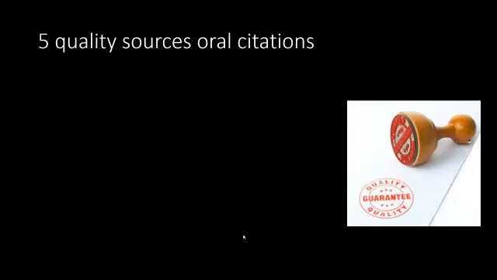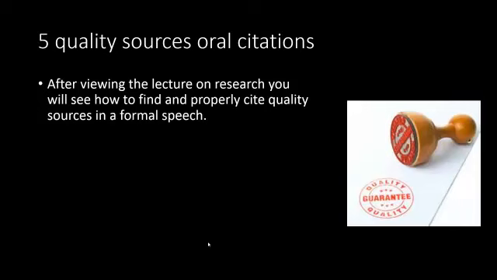The next requirement is that you have to have 5 quality sources orally cited. When I say quality sources, I mean a couple of things. When we talk about research, which is in a few weeks, when you look at the research lecture, you're going to see that there are some things I ask you to do to find a good source and to cite it properly.